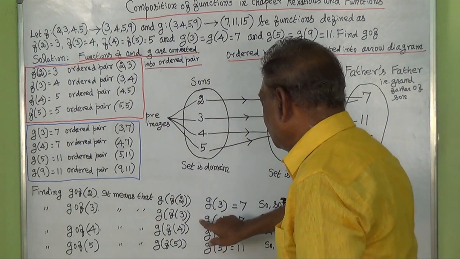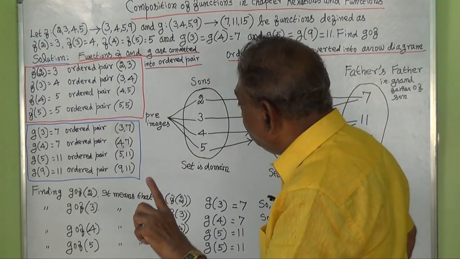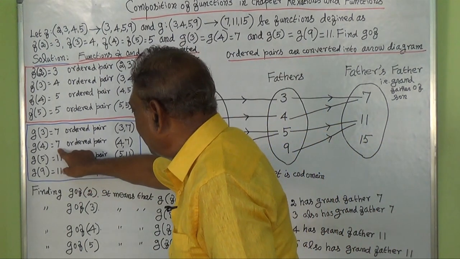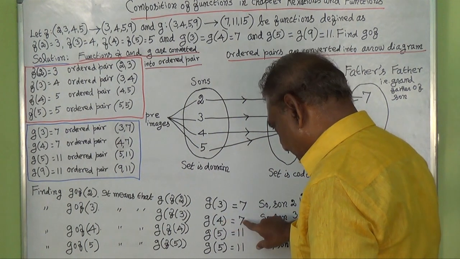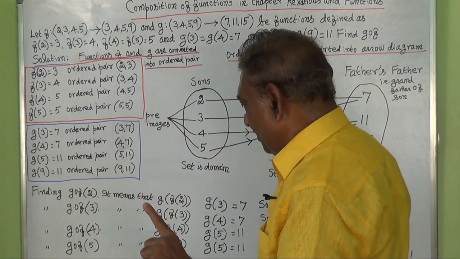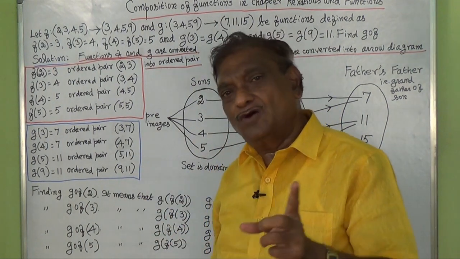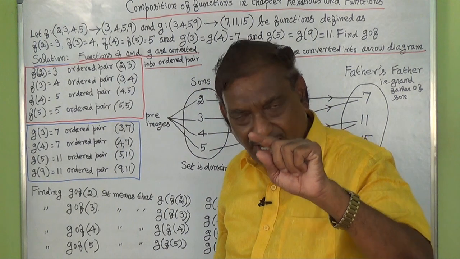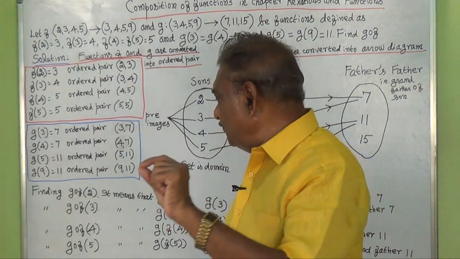Then we will get G of 4. In the sum, G of 4 is given as 7. So we can substitute 7 for G of 4. So first we are finding the function F. Then after finding the function F, to each element we are finding the function G.